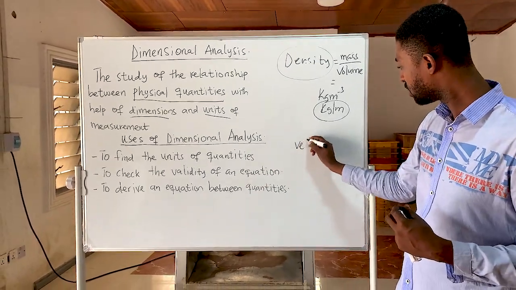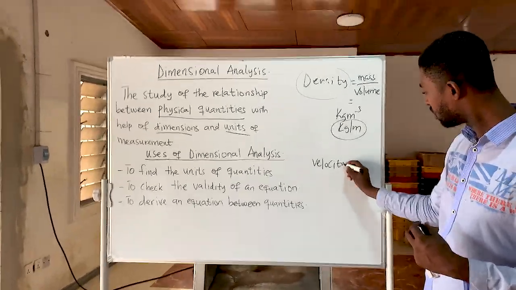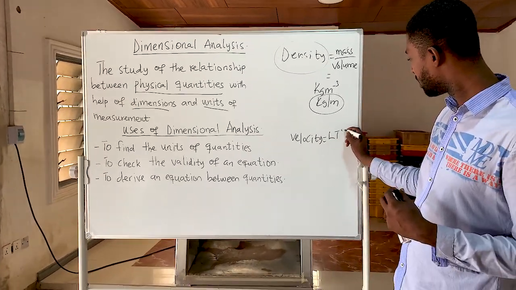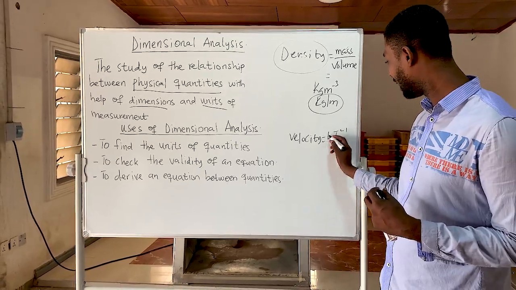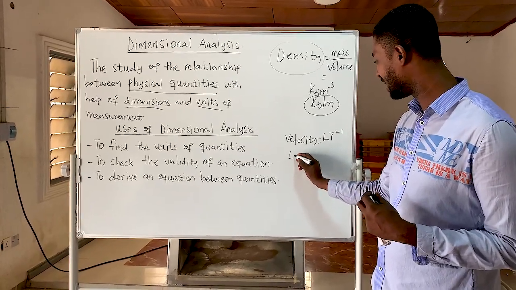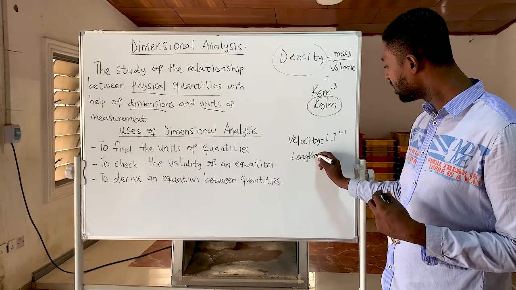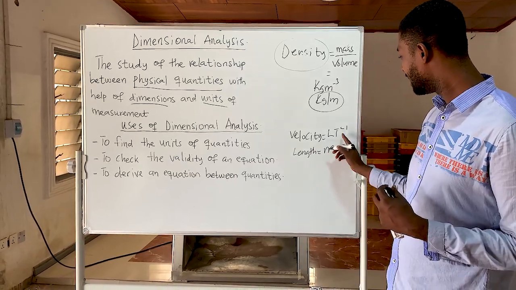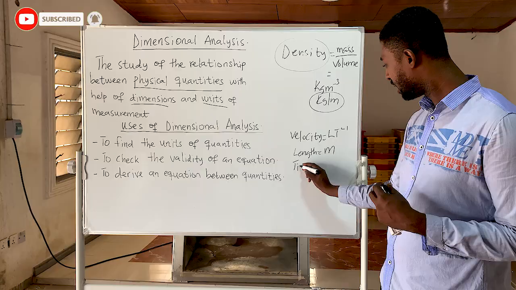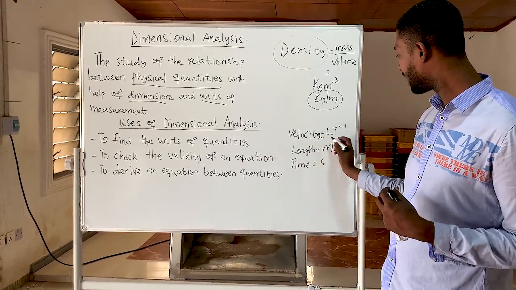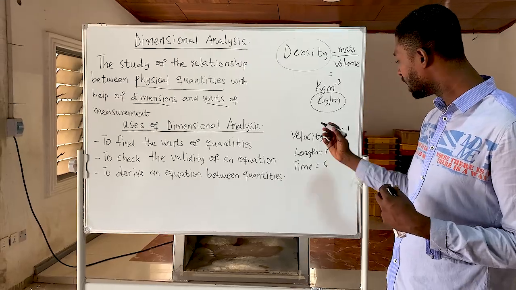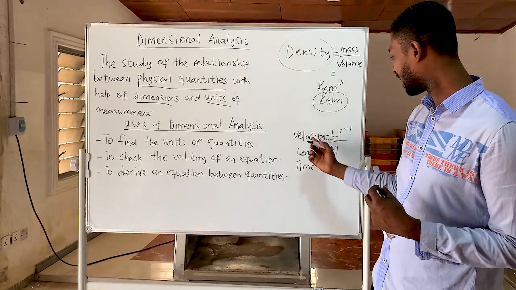velocity is LT minus 1. Now, this L represents length, and the unit of length is meters. T is time, and the unit of time is seconds. So with the help of dimensions, I can find the unit of a particular quantity.